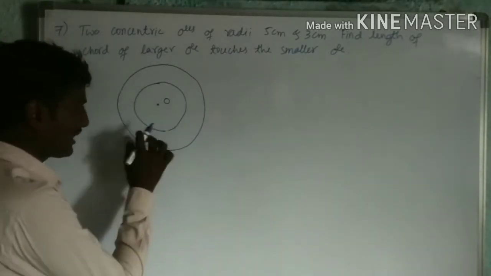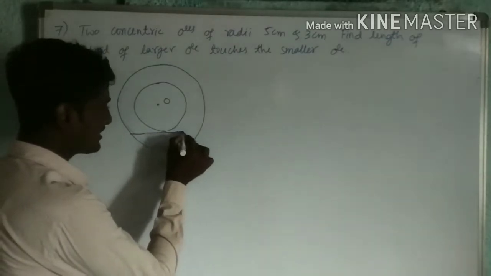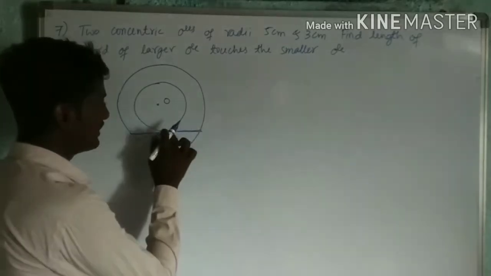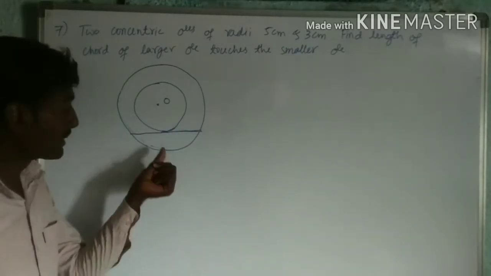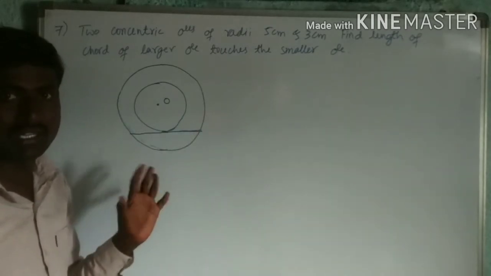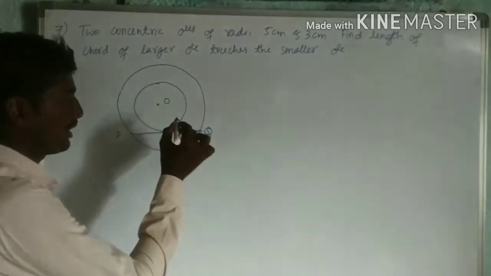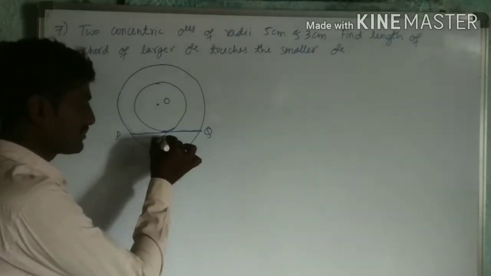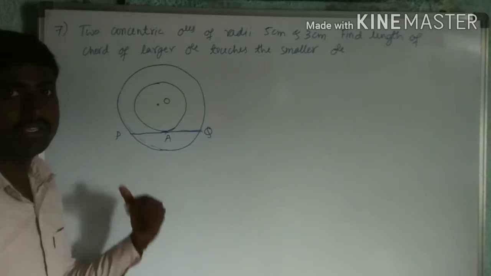If I draw a chord of the larger circle which touches the smaller circle, this is very important. This chord touches the smaller circle. Now I will call this PQ, the chord of the larger circle that touches the smaller circle at the point A.